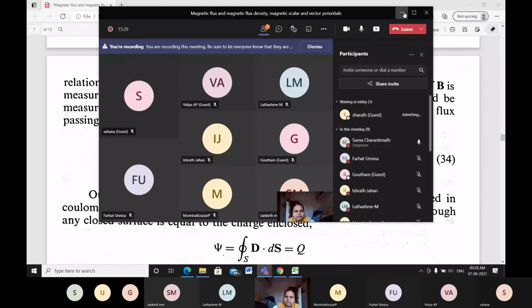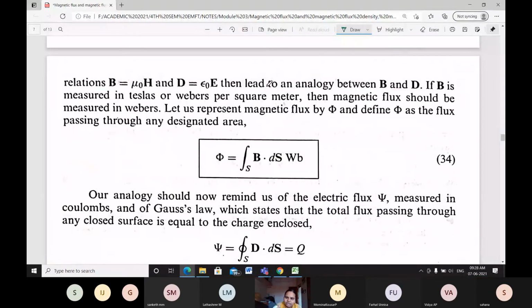This leads to the analog between magnetic flux density and electric flux density. If B is measured in Tesla or Webers per meter square, you can write any one of these. If you write both, it's good. Then the magnetic flux should be measured in Webers. That's what they are telling.